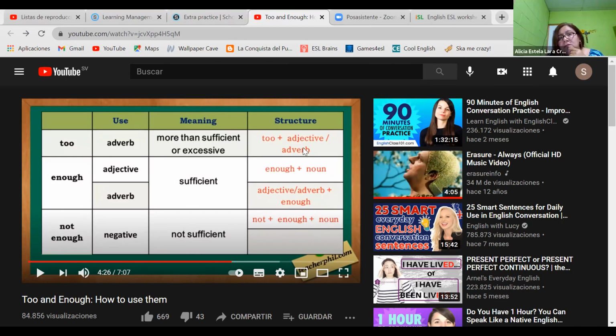Okay, but the example that you give me says, I have sent 2 emails. Emails is a noun. So remember, you need to use too followed by an adjective or adverb.